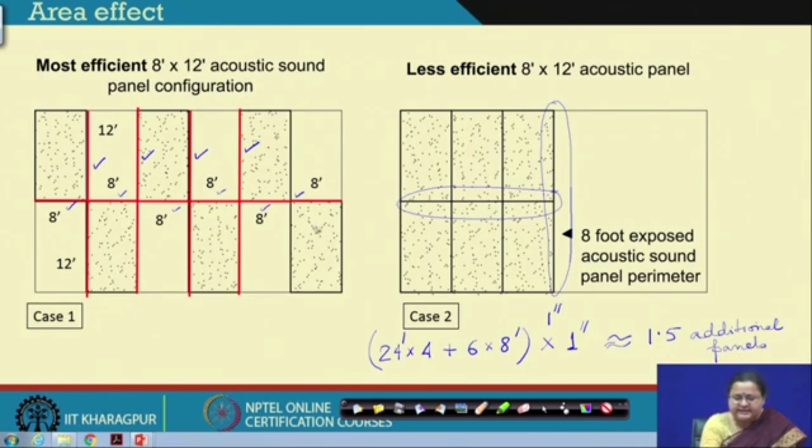So, this is one panel, and one half panel is extra just because of these additional areas being exposed. Obviously, this is a more efficient plan so far as absorption is considered.